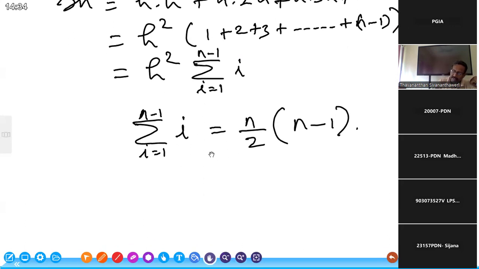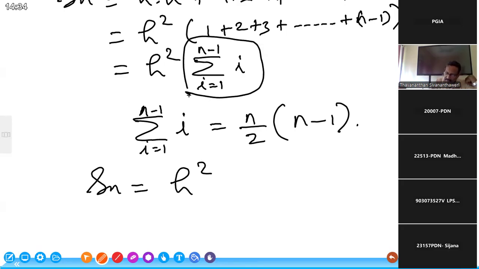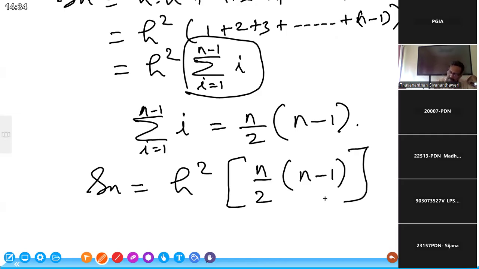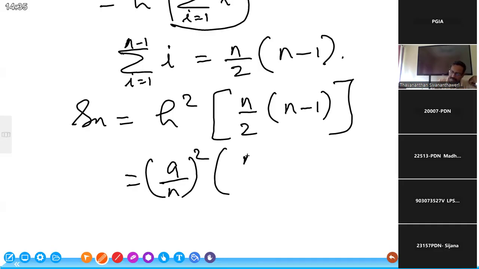Now substitute in our equation. Simply, to find out the area, h square, instead of this, we can say n by 2 into n minus 1. As we said earlier, this h is again a by n, whole thing square, into n by 2 into n minus 1.